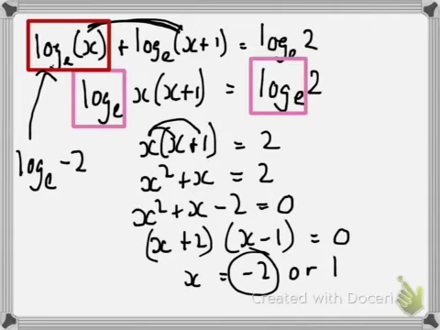We cannot get a negative number in that position there, to the base e. So that means negative 2 is not a viable solution. We've only got one solution, and that's x equals 1. So please check if you think you've got 2 possible solutions, substitute one of them back into the original. And if you get a negative situation there, that solution is not a viable one.